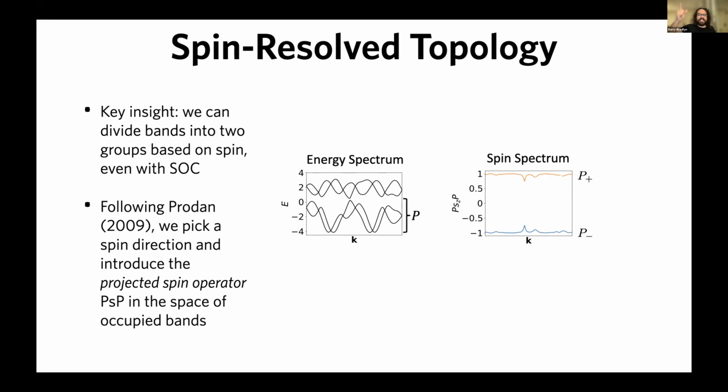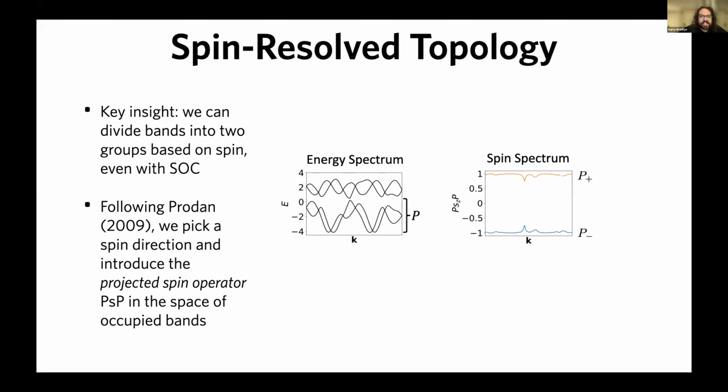Now, if SZ is conserved for my system, then I know that it's going to have a bunch of eigenvectors that are +1 and a bunch of eigenvectors that are -1 in my occupied bands. But with spin orbit coupling, SZ is not necessarily conserved. So when I look at the spectrum of this spin operator projected into the occupied bands, I get a band that's near -1 shown in blue on the right, and a band that's near +1 shown in orange on the right.